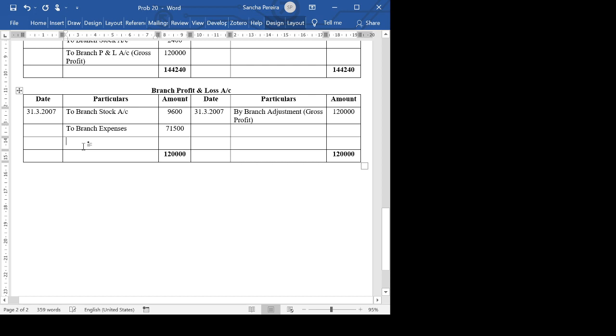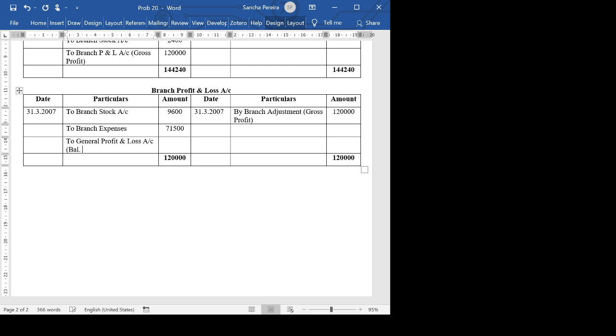So the net profit goes to general profit and loss. This is the balancing figure, which comes to 38,900.